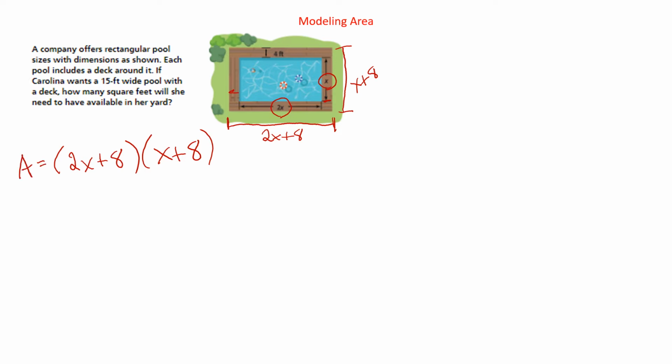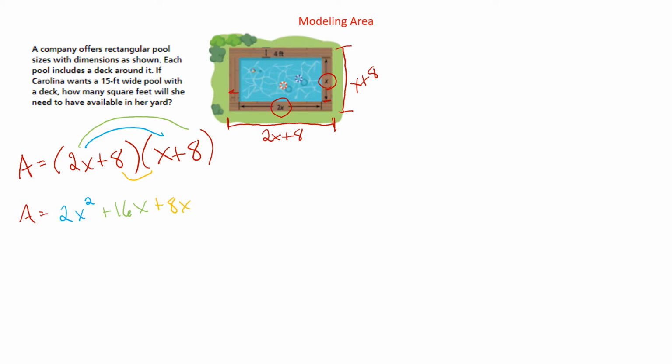We can multiply this out. We take the 2x times the x is going to be 2x squared. 2x times the 8 is going to be plus 16x. 8 times x is plus 8x.